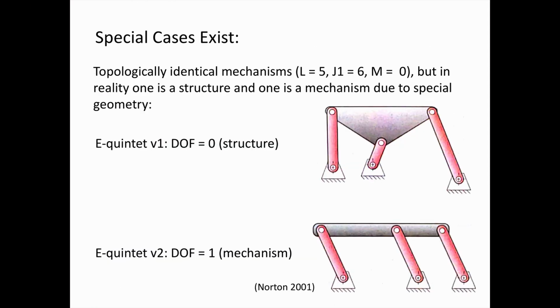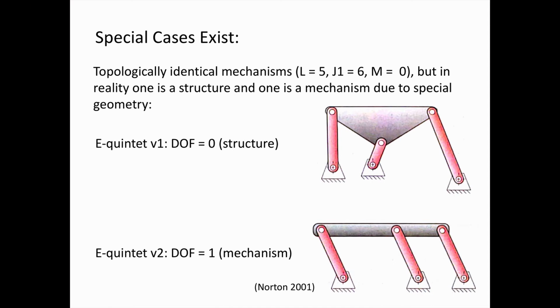I should point out there are a number of special cases, and we're not going to get into detail with that in this class, but you should be aware that Kutzbach's equation does not always work. Sometimes the value of m does not match up with the actual number of degrees of freedom a mechanism has. But these really are special cases.